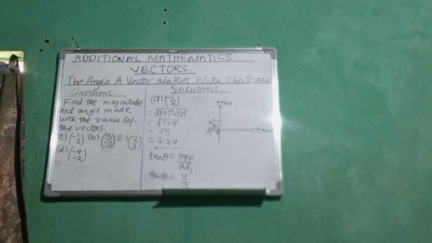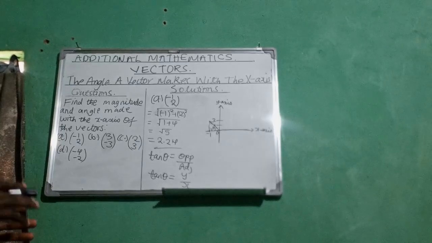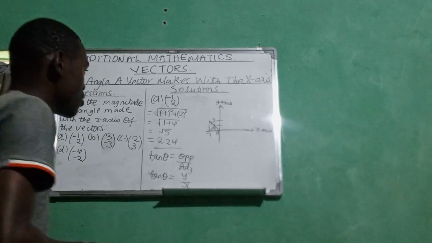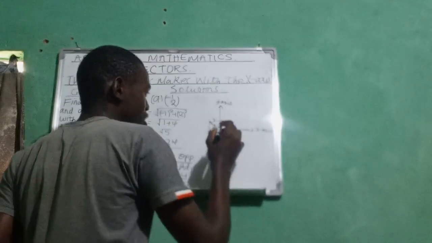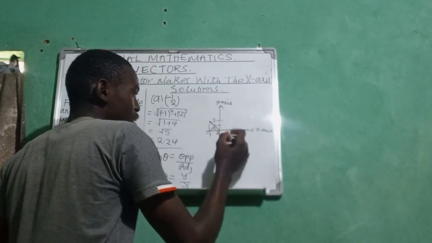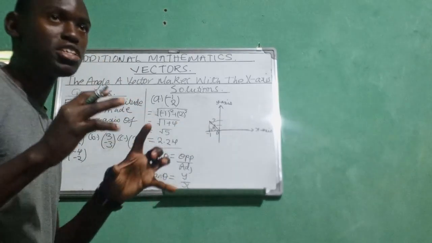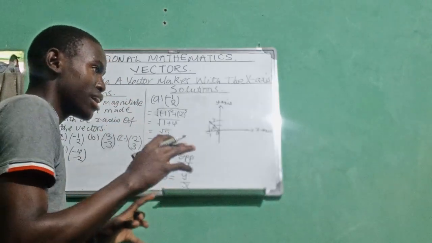Now, that theta is a theta that is used to guide you. Since you know how the vector is, it is in the second quadrant. So in your head you should be able to picture which quadrant the vector is likely to be in.